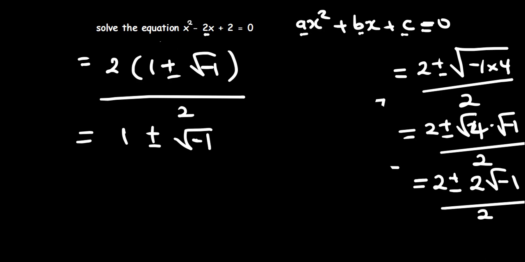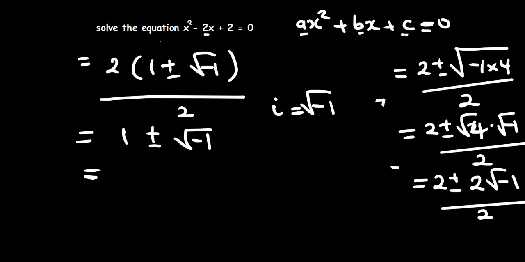We do not have a real value for the root of a negative number like that. When you're dealing with the square root of a negative number, there's no real value there. So that's why we introduce i equal to the root of negative 1, the imaginary number.